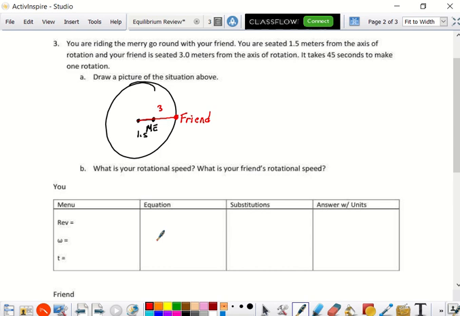What is your rotational speed? What is your friend's rotational speed? This one is about me. It takes you 45 seconds, so that's my time, 45 seconds to make 1 rotation. So my revolutions or rotations is 1, and I'm looking for omega.